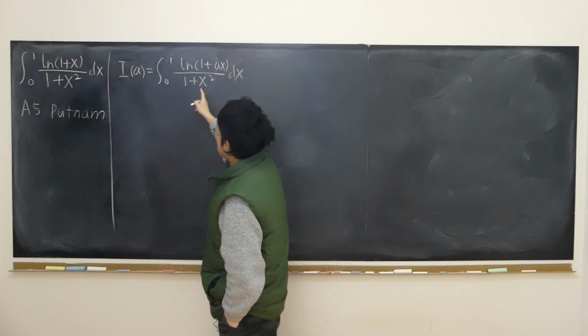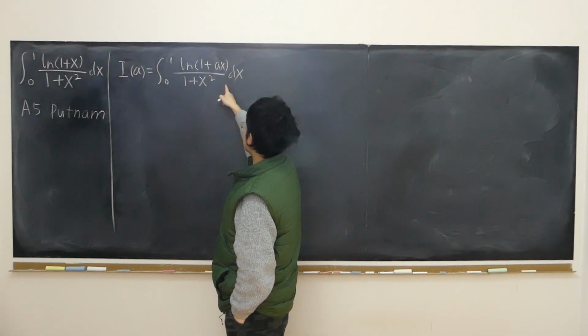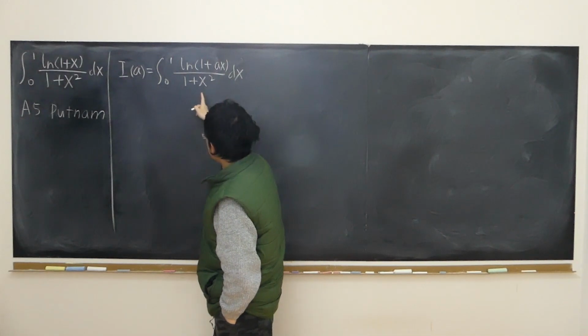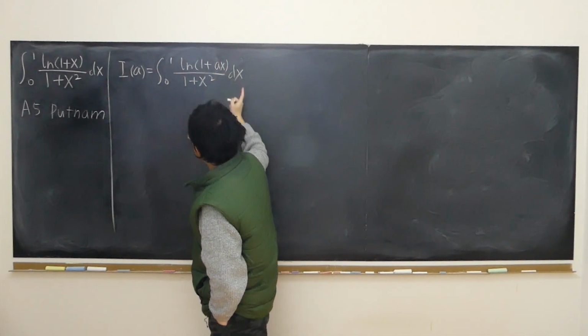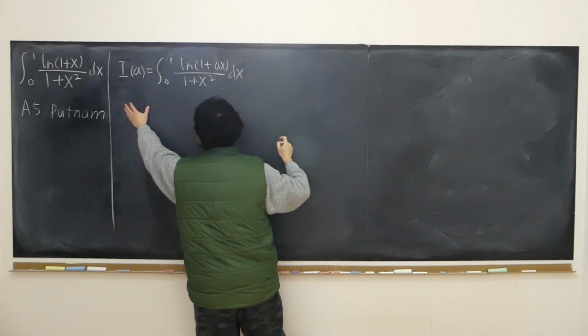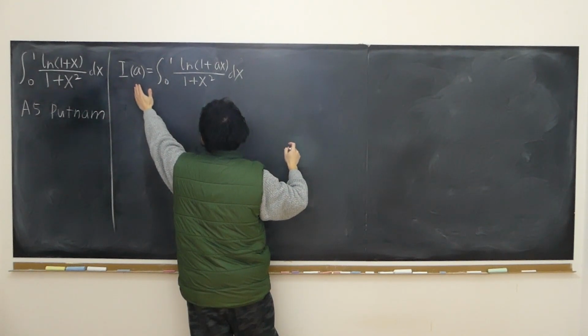There is a constant coming out. So that's my output. If we input a equals 3, then that's another different value of constant coming out from this definite integral. So we have input, output, input, output. It's like a machine.